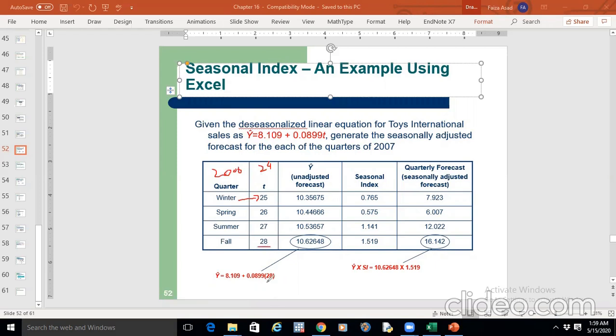We put those values into this equation, and we get the unadjusted forecast. This is the calculation for 28. We will do the same for the previous 3 values. We also have the calculated seasonal index values for each quarter. We simply multiply the unadjusted forecast and the seasonal index, and we get the quarterly seasonally adjusted forecast. So this is the seasonal index.